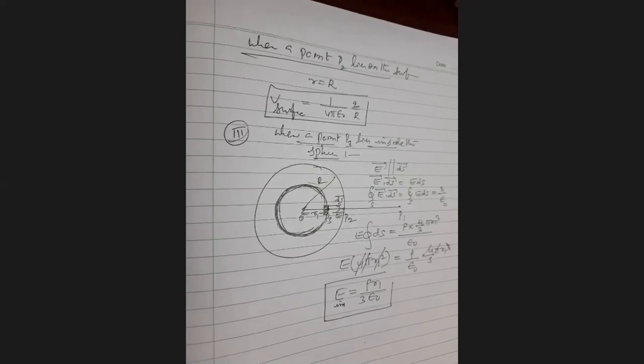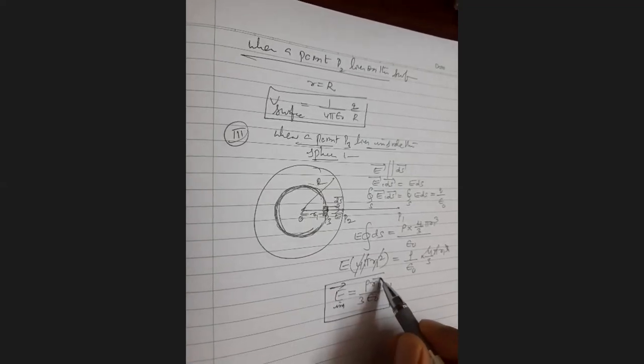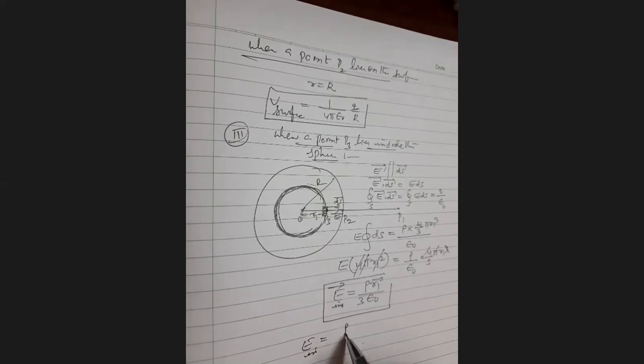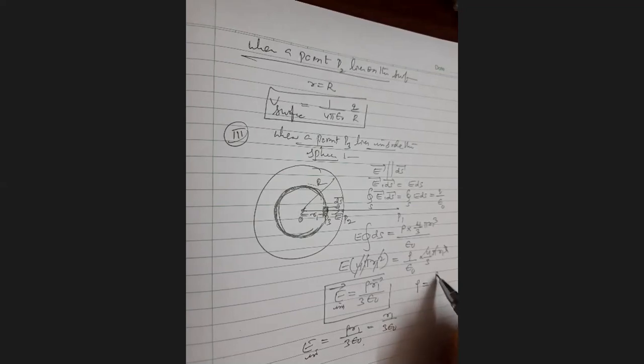If you want to express this in vector form, E bar equals rho r1 bar by 3 epsilon naught. If you want to express this in charge terms, you can write E inside is equal to rho R1 by 3 epsilon naught, but we have the volume charge density equal to the total charge by the volume of the non-conducting sphere, 4 by 3 pi R cube.